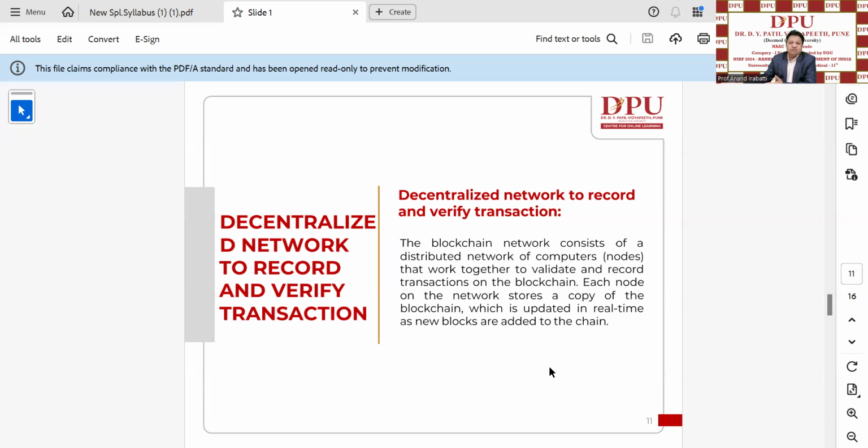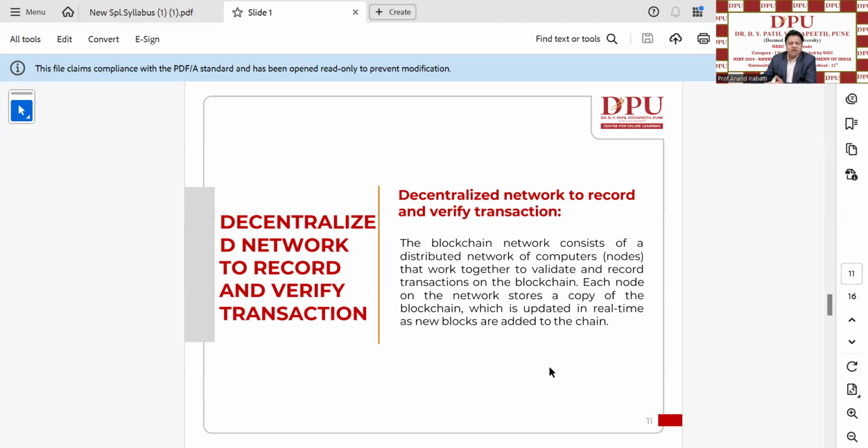If the majority of the miners conclude that, yes, whatever I have validated and authenticated as a miner is valid, if they come to this consensus, then only that transaction is actually stored into the block. Otherwise, it is not stored. This is the mechanism of how a transaction is being recorded.